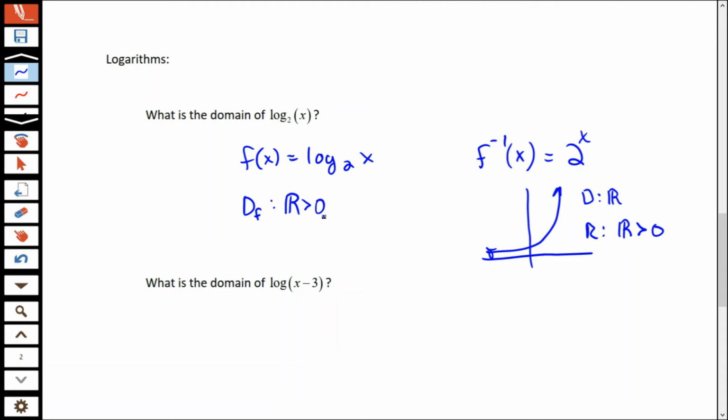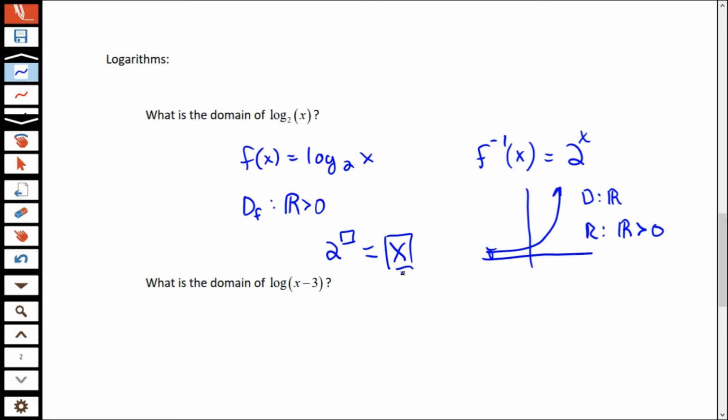And that makes sense, because when we evaluate this f of x, the domain comes from saying 2 to the what power equals x, x being my domain. Well, guess what? No matter what exponent we have, x is never going to be equal to a negative number.